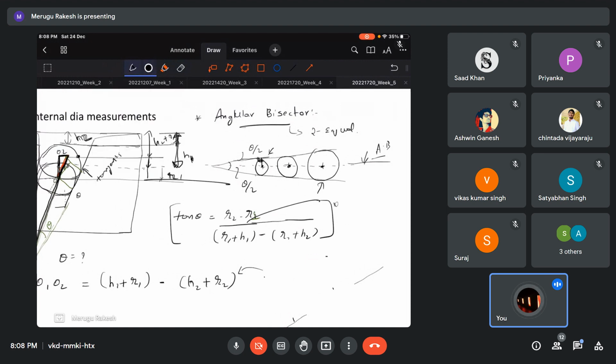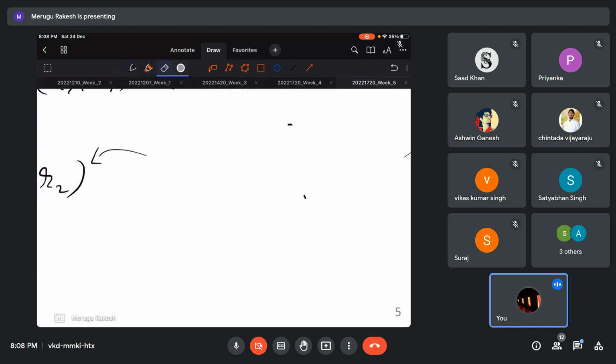Yeah, I will simplify this. I think the location is itself different. So let us proceed with the available data, then we can easily get this.